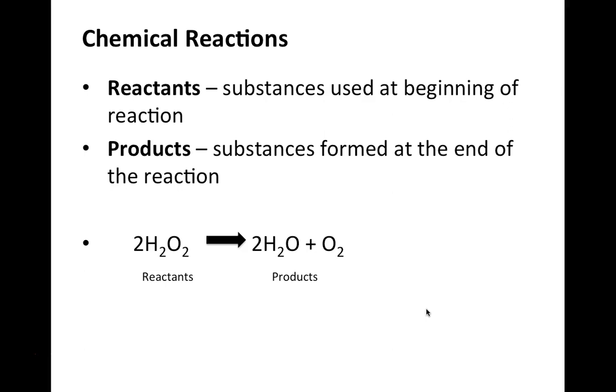And we often say molecular oxygen because it's actually in the form of a gas. So H2O2, hydrogen peroxide, can break down or undergo a chemical reaction that leads to the product of 2 water molecules and some oxygen in the form of a gas.